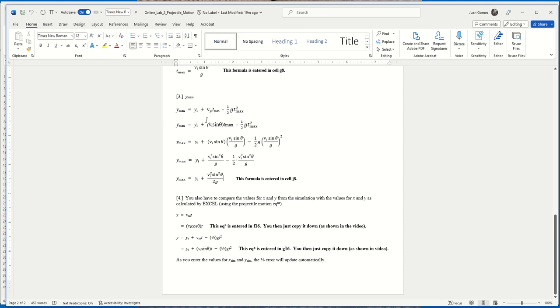So the derivation here, you end up with y max is yi plus vi squared sine squared theta all over 2g. But remember, for sheets 1 and 2, yi is 0. So the max height is simply vi squared sine squared theta, or equivalently vi sine theta parentheses squared, all over 2g.